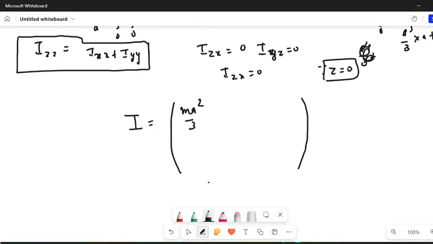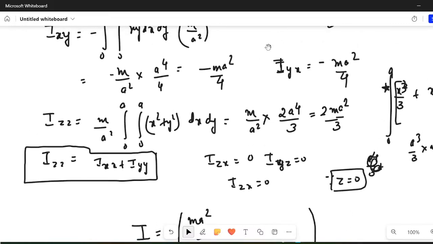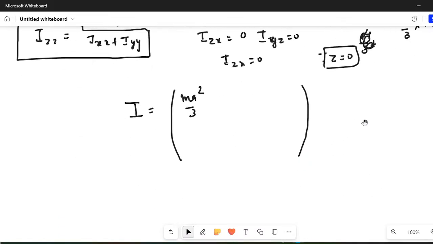What was Ixy? Ixy, if you remember, was minus ma square by 4. So Ixy is minus of ma square upon 4. What was Ixz? It was simply 0. What was Iyx? It was minus ma square upon 4.